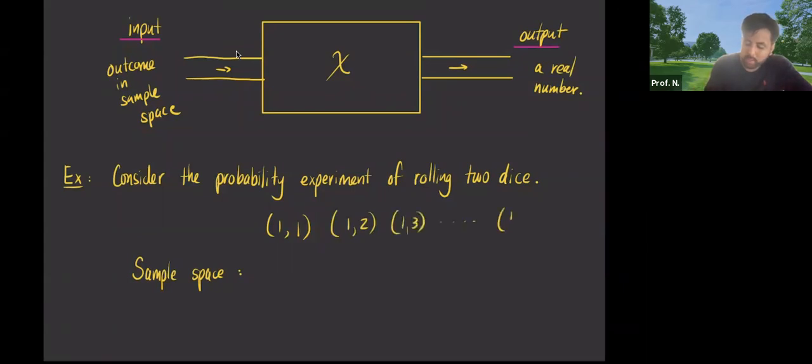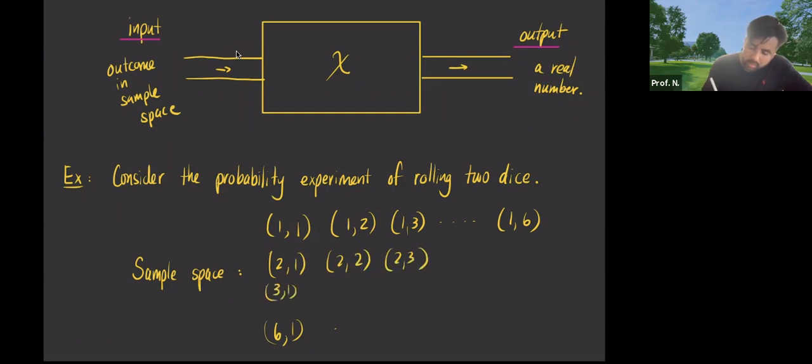I'm going to write a few more actually. So this is (2,1), this is (2,2), this is (2,3), this is (3,1), and so on and so forth, right? We've seen this diagram before. So this is a total of 36 outcomes.